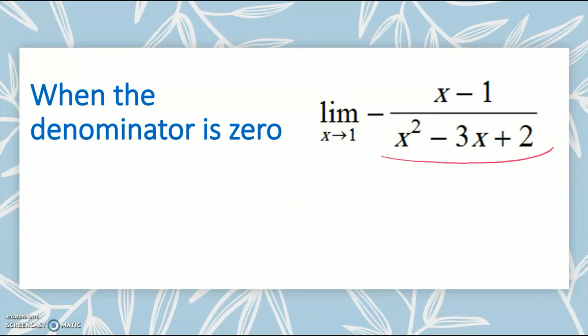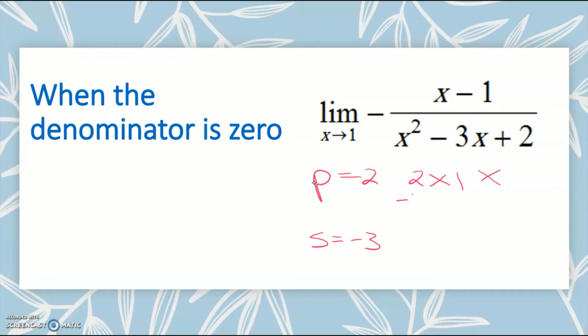So let's go ahead and factor our denominator. It's a quadratic because it's to the power of 2. We're going to use the product and sum method, which means I want two factors of 2 that add up to negative 3. So my product is 2 and factors of 2 are 2 and 1. But I need a sum of negative 3, and 2 plus 1 doesn't give me negative 3, so this doesn't work.